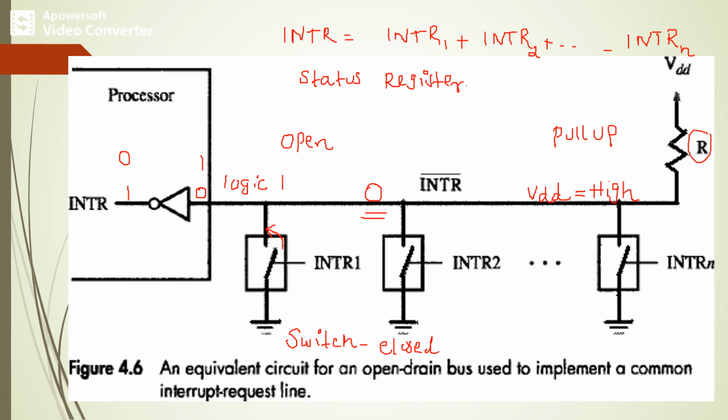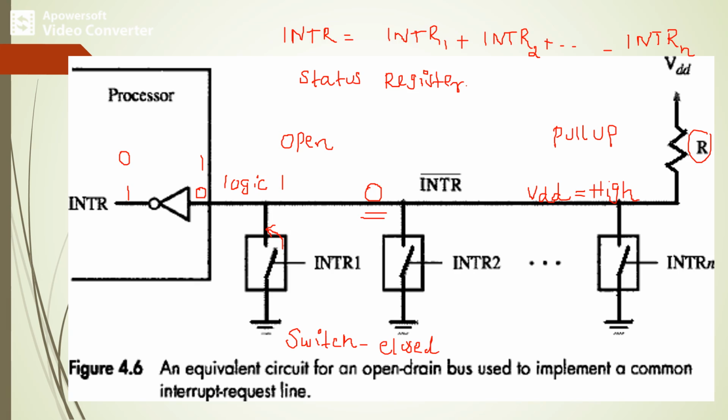We also have one status register which holds additional information like flag bits such as FIN and FOUT, followed by interrupt enable bits for the keyboard as well as the display. When a device raises an interrupt request, it sets one of the bits in its status register, called the interrupt request bit, that is the IRQ bit.